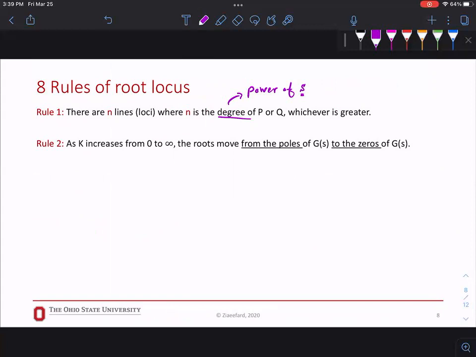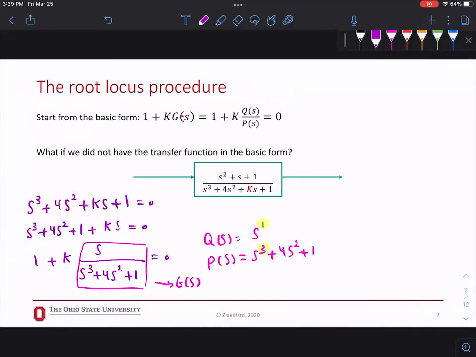Then as k increases from 0 to infinity, which is the root locus procedure, the roots move from the poles of G(s) to the zeros of G(s). Do you remember I said there's a direction? That direction is important. G(s) is what we just created here, right? So how do I find the zeros of this transfer function?